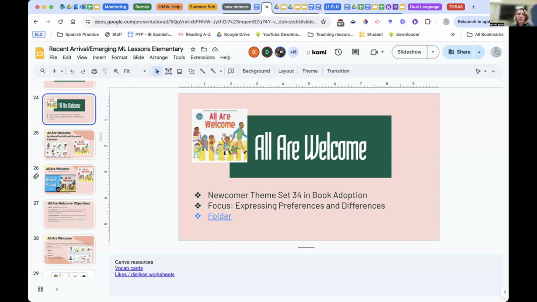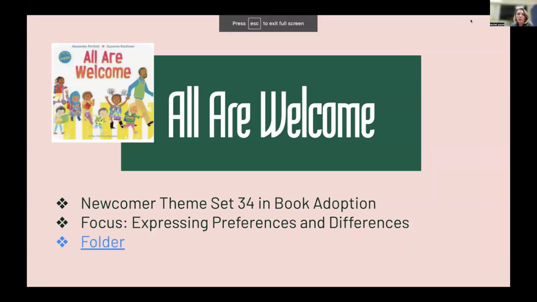So I basically followed the model that Ellie had created and put together a couple of lessons around one of our newcomer books and a curriculum that I've used with first grade because it connects to their community unit. You'll notice that I've listed the book title and where it is in the adoption kit, but there's also a video embedded in case you don't have the books nearby, or we're always on the run, right?